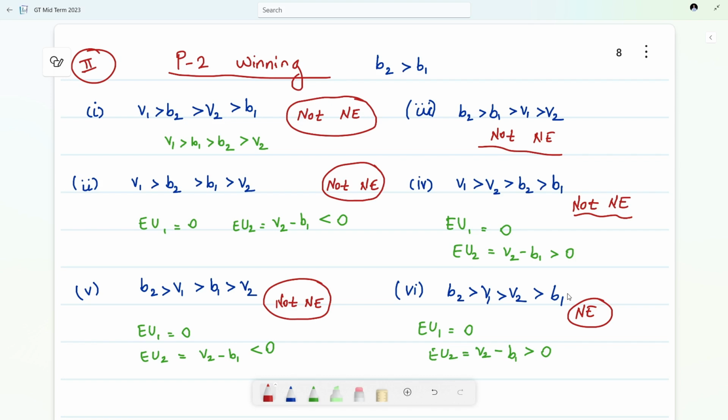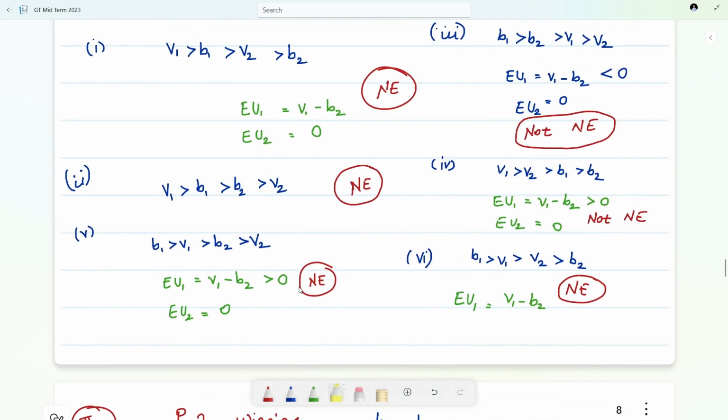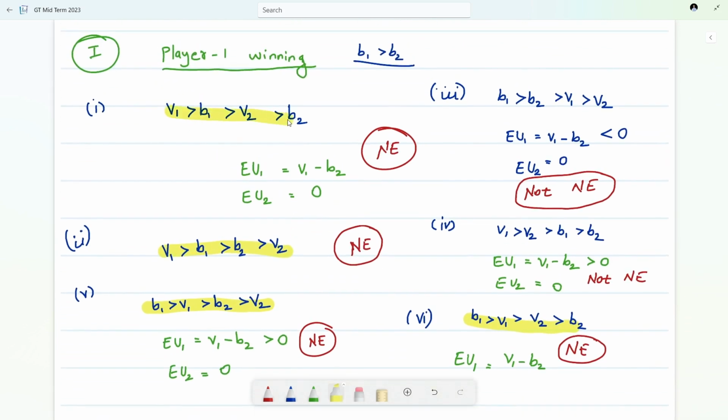So there are total how many? There are total 5 Nash equilibria of this game. Yes, let me highlight it. Let me change the color also. Yeah. So one is this. One Nash equilibrium where player 2 is winning. 2, 3, 4, 5.